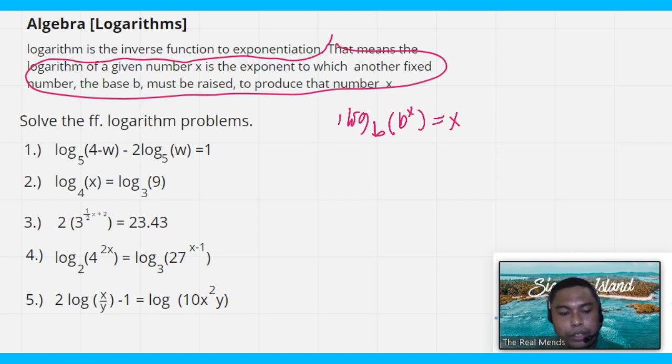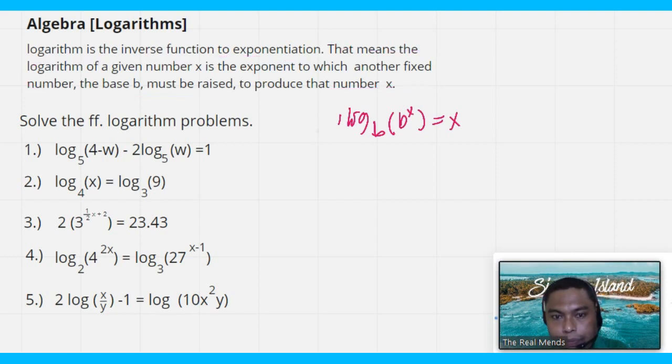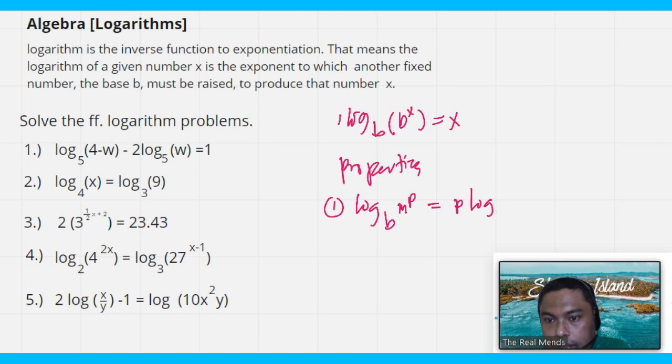And then we have here the properties of logarithm. If you have log base b of m to the power of p, this is just equal to p log base b of m.